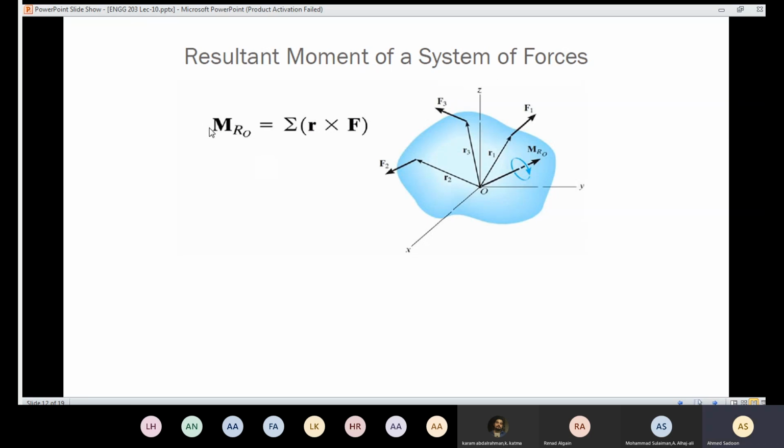I'm going to say that the resultant moment vector about the point O is going to equal the summation of R cross F. So in that case, we are going to get R1 cross F1 plus R2 cross F2 plus R3 cross F3.